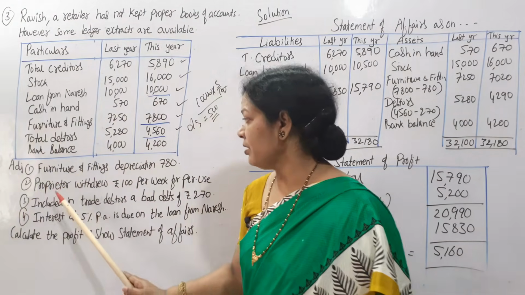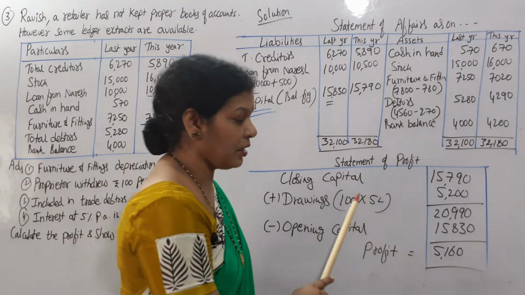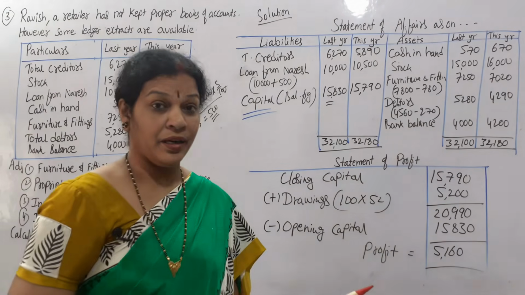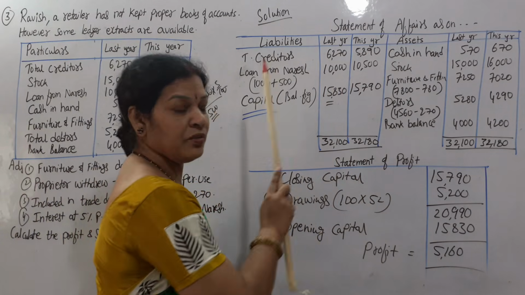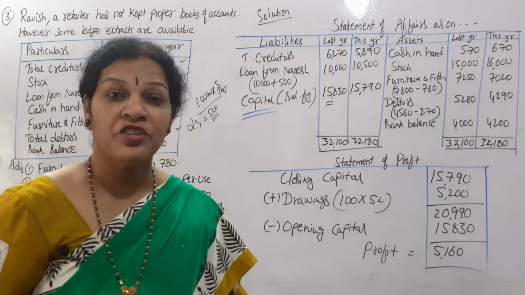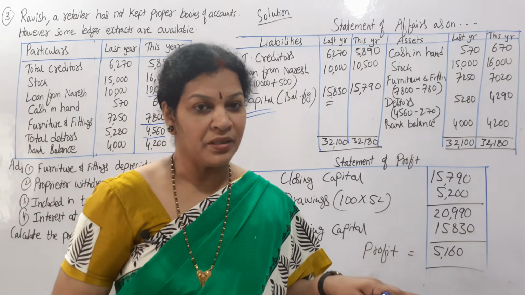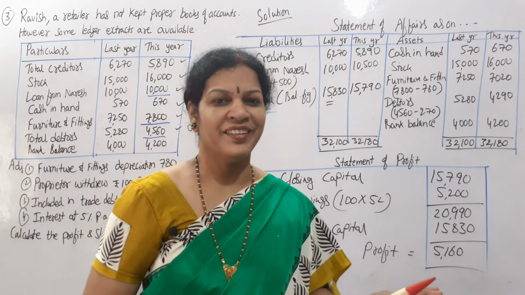Drawings are given here, 100 rupees per week, which means 52 weeks. 100 into 52, 5,200 added, and deduct opening capital. Opening capital is 15,830, deducted. You got the profit. If any additional capital were given in the problem, that also we would have deducted, but now it is not given here. Simple, that's all. Hope it is clear.